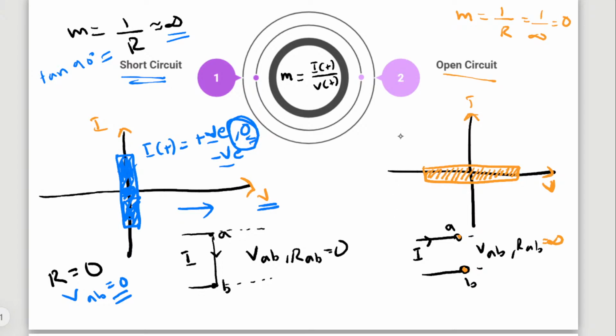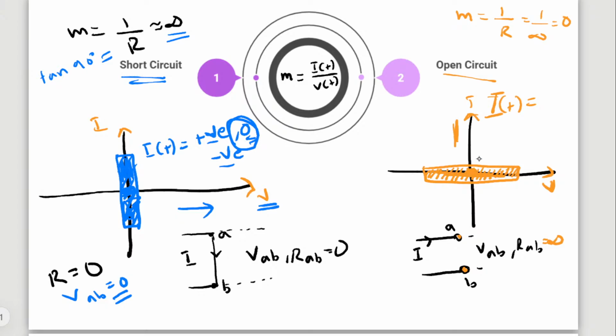Now, what is the value of VAB? Let's consider first the value of I here. I(t) equal to, what is the value of I(t) here? In this graph, the I(t) value is 0, irrespective of any V value.